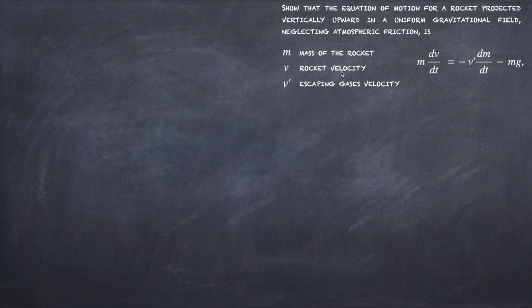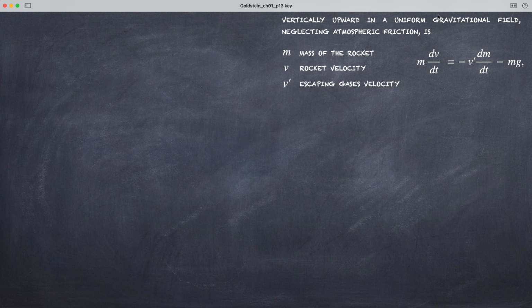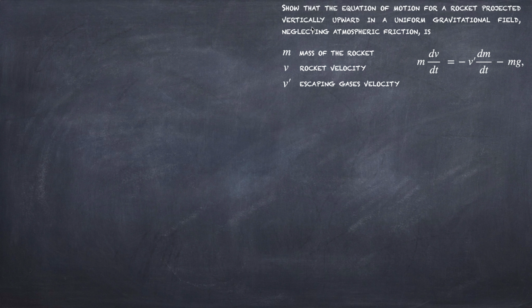So the first goal: show that the equation of motion for a rocket projected vertically upward in a uniform gravitational field, neglecting atmospheric friction, is given by this expression here, where m is the mass of the rocket, v is the rocket velocity, and v prime is the escaping gases velocity.